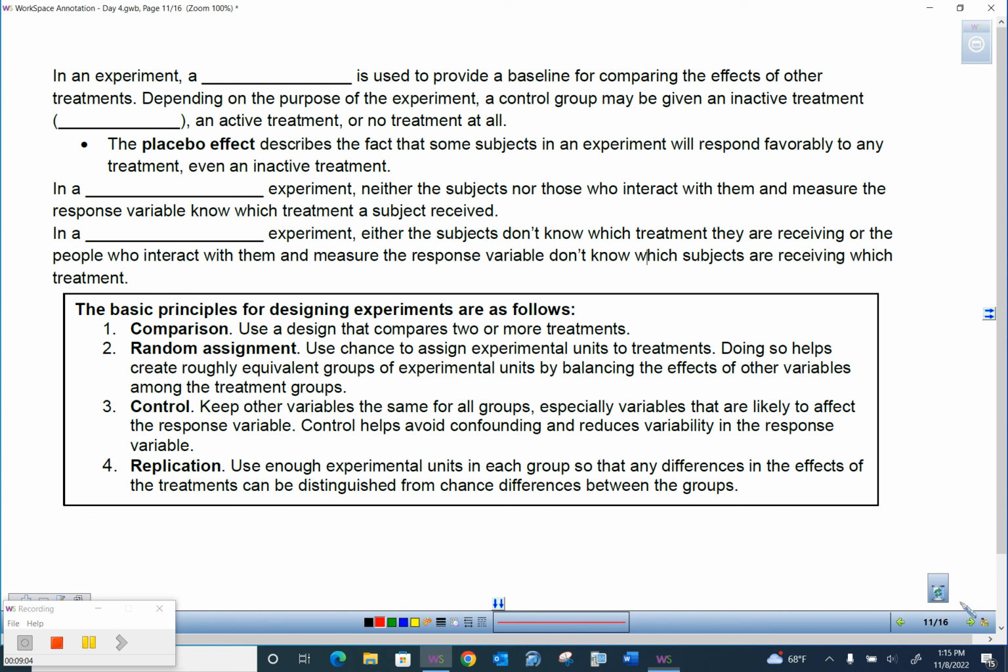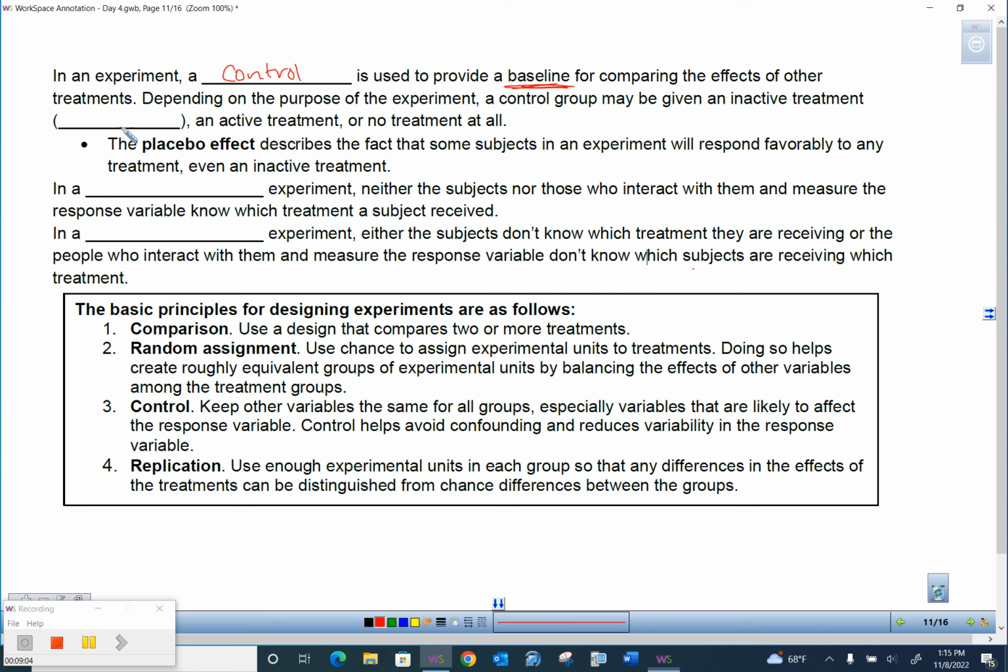Okay, so let's do some vocab here. It says, in an experiment, a blank is used to provide a baseline for comparing the effects of treatments. Our baseline is called our control. Sometimes, depending on the purpose, the control group is an inactive treatment, and sometimes not necessarily. There's another option.